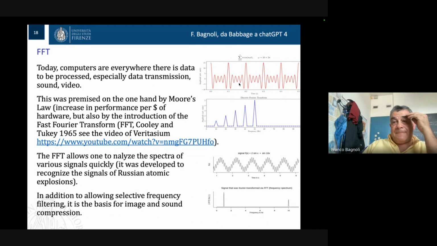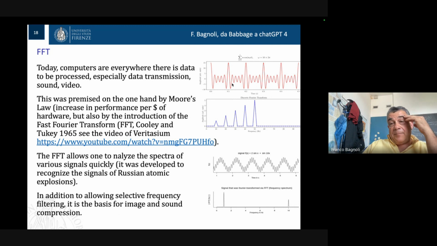So the idea is that you transform something into the frequency domain, which means representing some periodic, in principle, data using a superposition of sines and cosines.